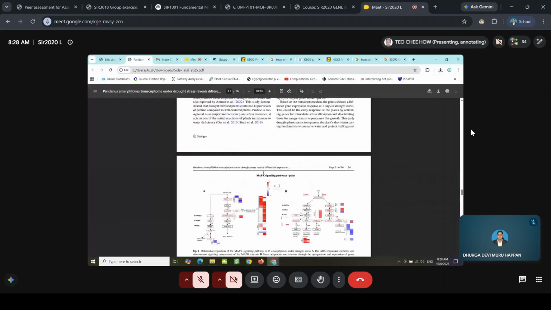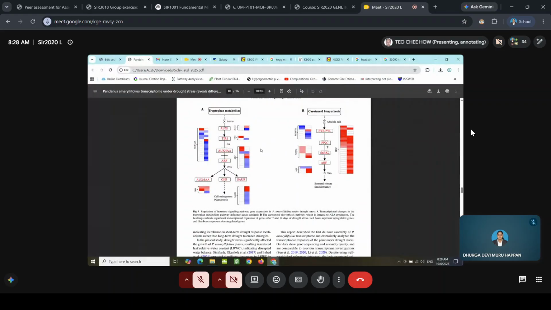It's this one here. So you can see that one is upregulated and four downregulated at day 7, right?